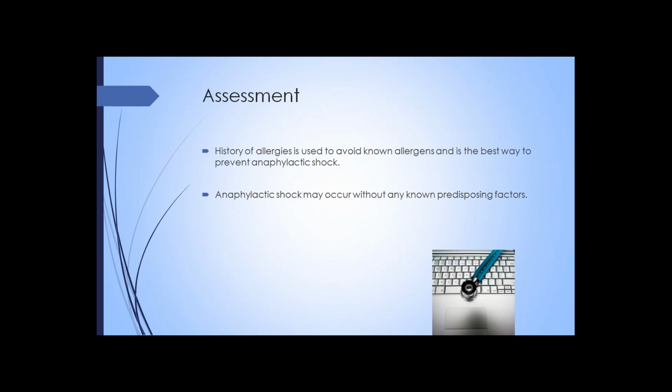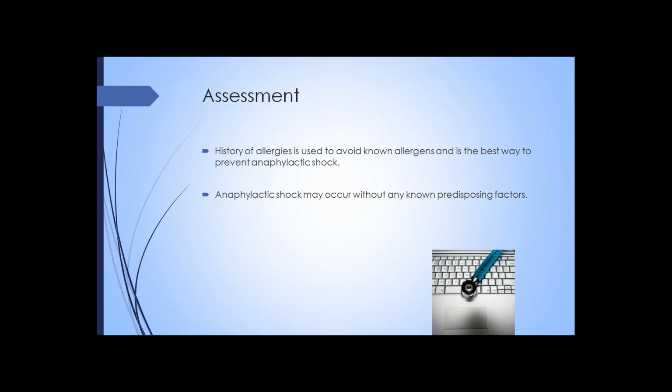So what kind of assessment do you want to do specifically for this kind of patient? Well, do they have a history of any allergies? We use those allergies to avoid the known allergen, and that's prevention. So prevention of anaphylactic shock is the best way to take care of it.